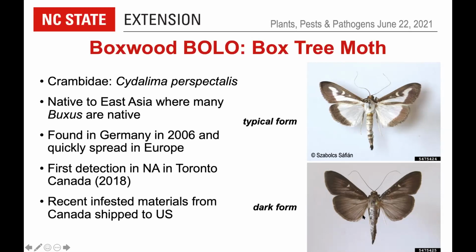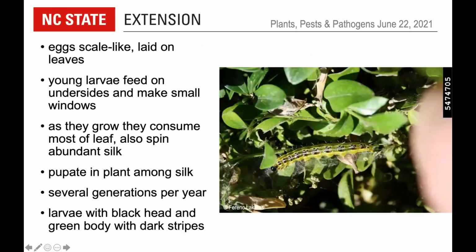Now, I'll mention this a little bit later too. They come in two different forms. This is a very rare form, the dark form, but this is the typical light form. The eggs are scale-like and laid on the leaves of the boxwood. They look a lot like some other moth eggs, but you really wouldn't have any moths laying eggs on boxwood around here unless it's over some grass or something like that. So that's the first sign.